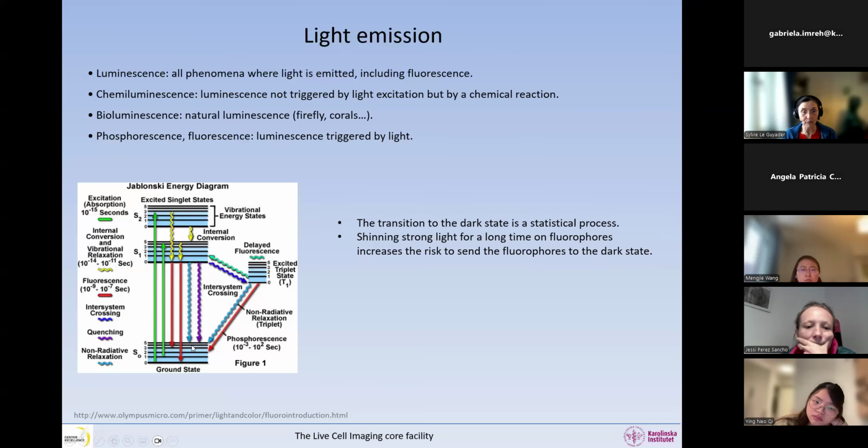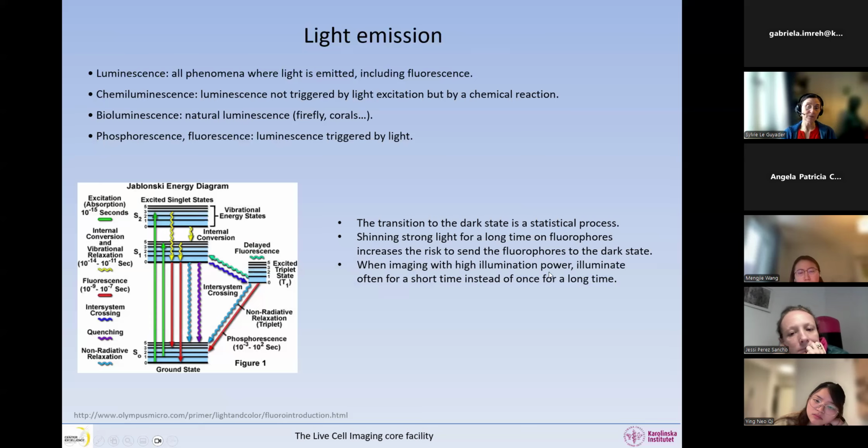If you force the fluorophores to do lots of cycles like this, at some point, it's a statistical thing, it will end up in the dark state and stay there and not fluoresce. When we image with high illumination power, pushing the laser very high, we would like to image for a very short time. If we combine very high power with imaging for a long time, then we will send our fluorophores to the dark state, and you will see why we don't want to do that.